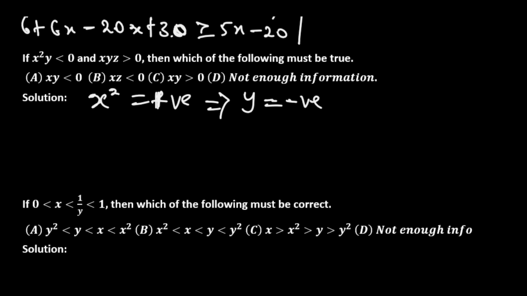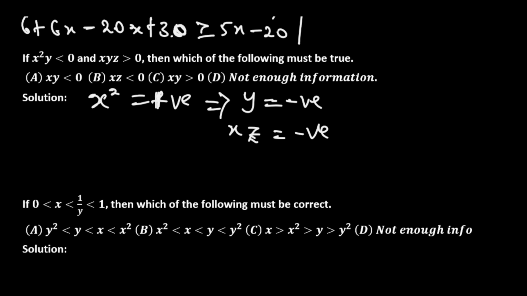X squared is always positive. So for the product to be negative means that y must be negative. The signs are different, so that's why y must be negative. Here, y is negative, so for y to be negative, xz must be negative, so that if you multiply the two, the answer must be positive.